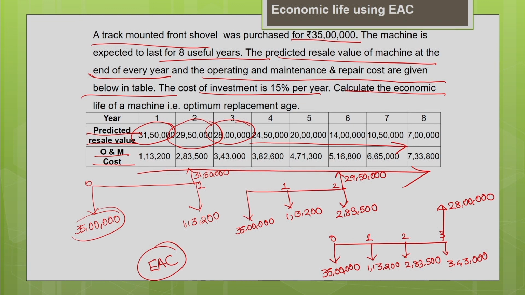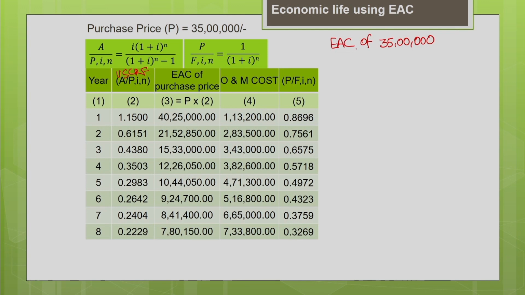So, you have to use the uniform series capital recovery factor. That means you need to find A for given P, I, N. So, we are going to find A for the known P. P is nothing but your present value, 35 lakh. Interest rate is 15%, 0.15, for year 1.